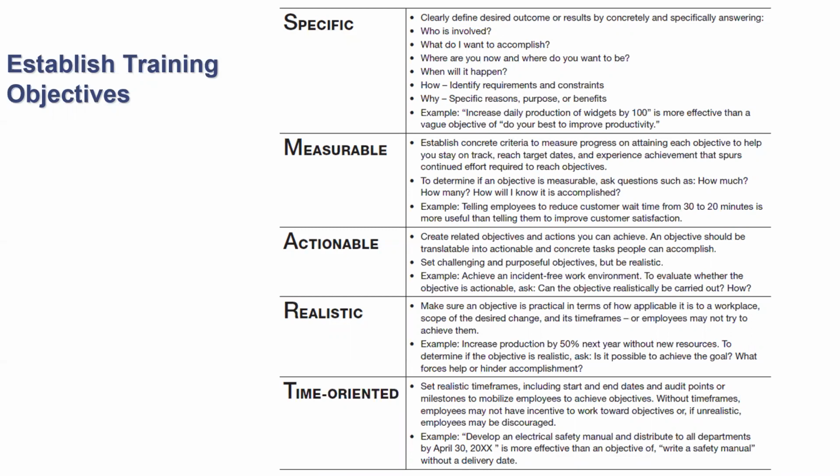But again, I mentioned that these are SMART: specific, measurable, actionable, realistic, and time-oriented. And so these really should specify what's the need that you're achieving. How are you going to measure whether or not you met the objectives? The objectives really need to be attainable and achievable, right?